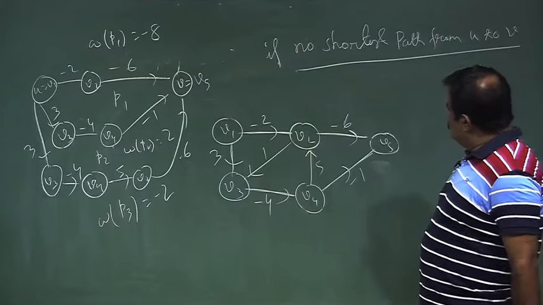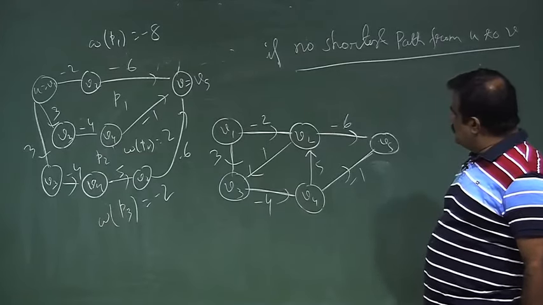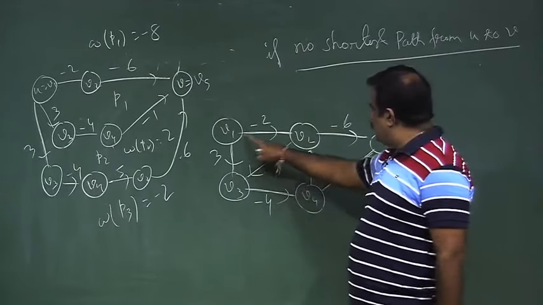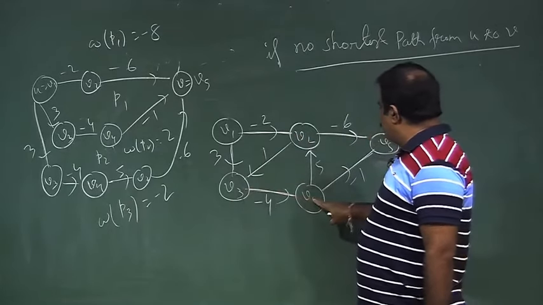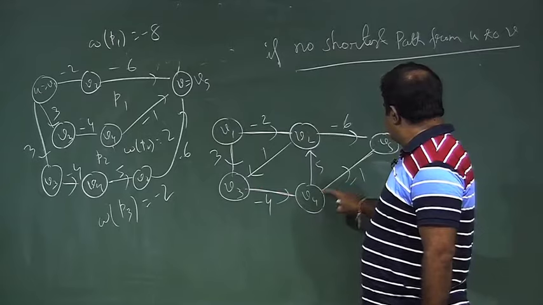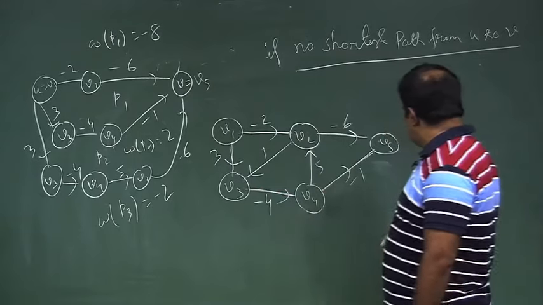Okay. So is there any other path? Yeah, we can go from V1 to V2, V2 to V3, V3 to V4, and then V4 to V5. So let us just try that.